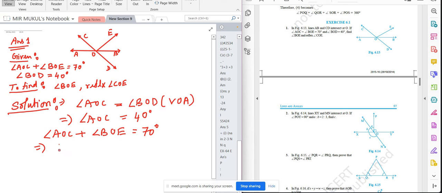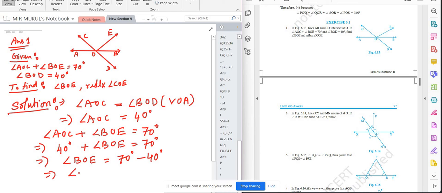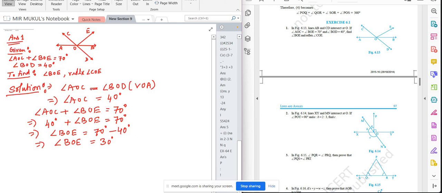Now AOC we are getting 40 degree plus angle BOE equals 70 degree. So angle BOE we are getting 70 degree minus 40 degree. So angle BOE equals how much? 30 degree. So one answer we got.